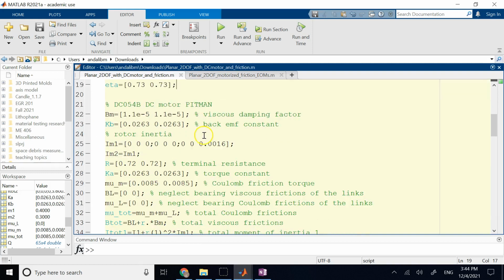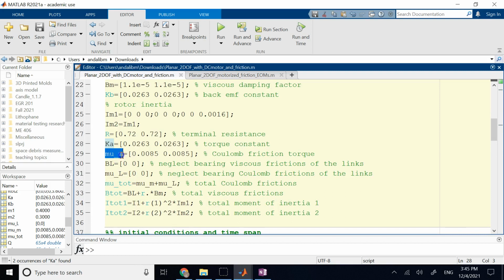What do I choose for my motors? For my motors, I need the viscous friction, I need the back EMF constant, I need the moments of inertia for the shafts of the rotors, I need the resistance, I need the torque constant, I need the basically Coulombic friction torque term, I need the bearing viscous friction on the links and the Coulomb friction constants on the links.